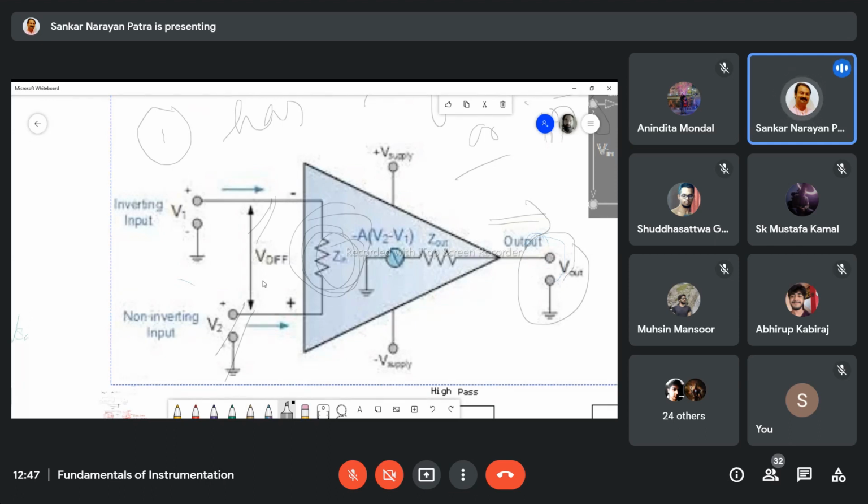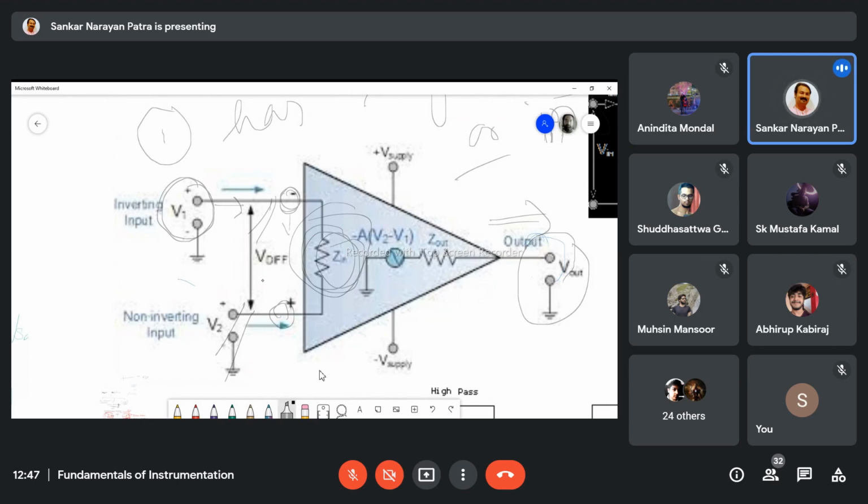Why is it discussed here? Because the voltage we give as input, at that terminal and that terminal, behaves like a ground. Once we connect a resistance circuit here, the current entering will find that this is the highest impedance part and this is the lowest impedance part. Then what happens?